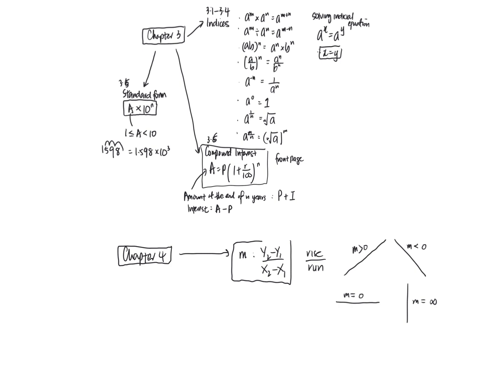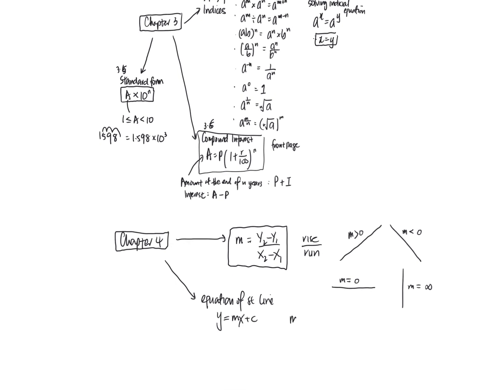Question can ask you for gradient, or question can ask you to find the equation of straight line, which is y equals mx plus c. So if I tell you the gradient of the line is half, and I say it cuts the y axis at 0, 2, for example.